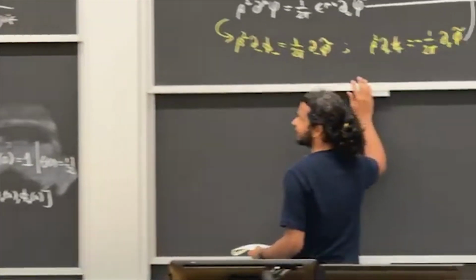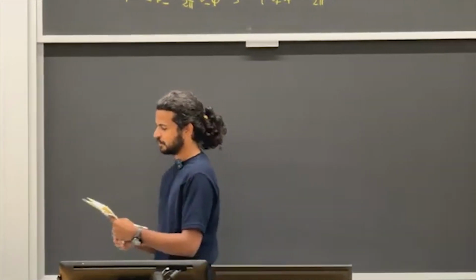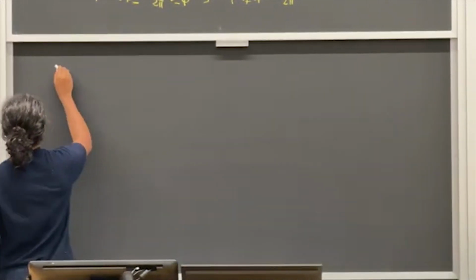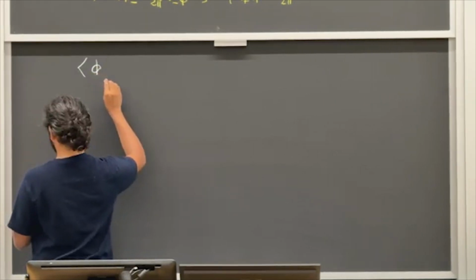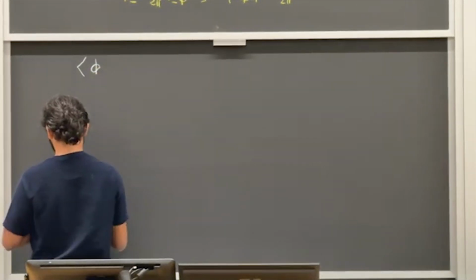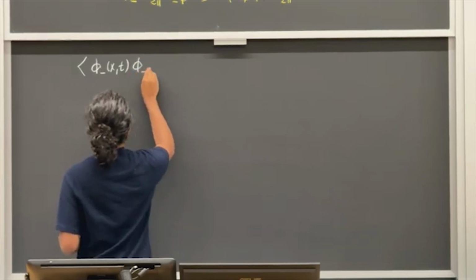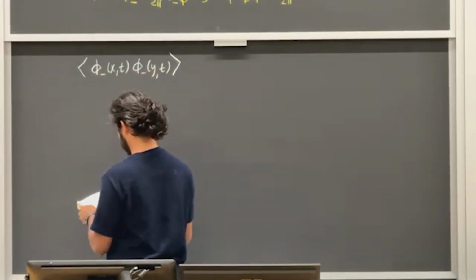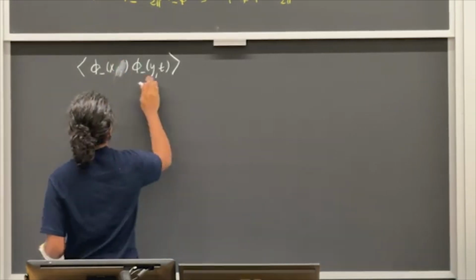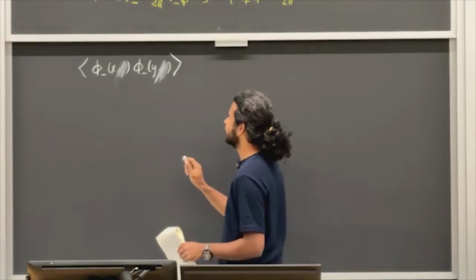These are commutators. Let's evaluate some 2-point functions. So let's try to evaluate something like this: phi minus (x, t), phi minus (y). x and y are now two-dimensional objects.